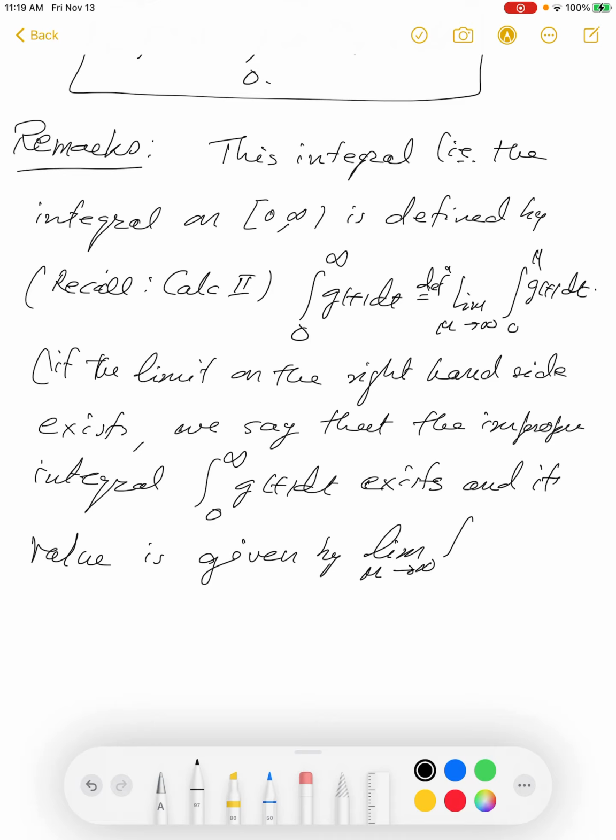So this is the first thing, recalling what an improper integral means. So that's my first point.